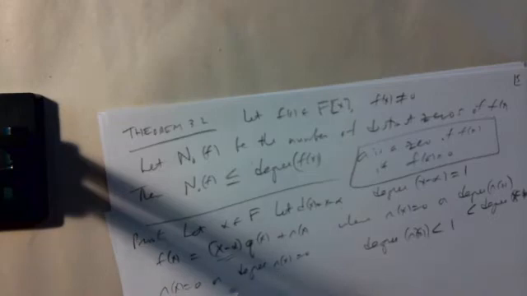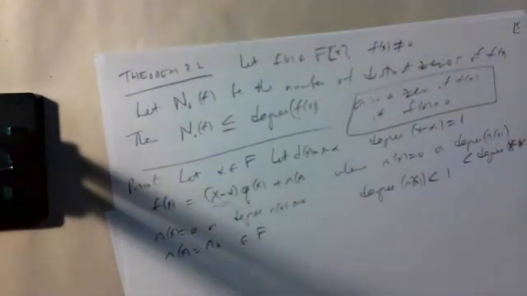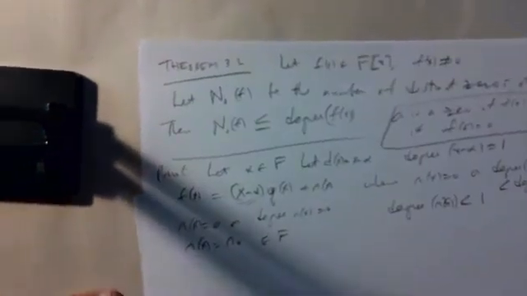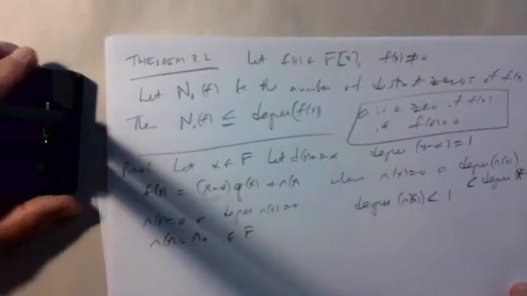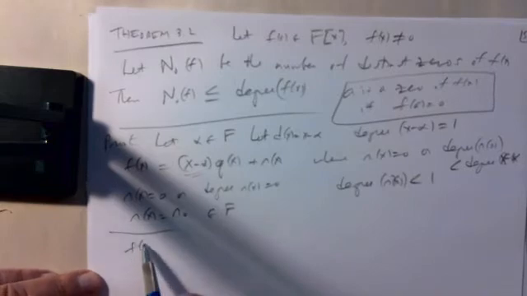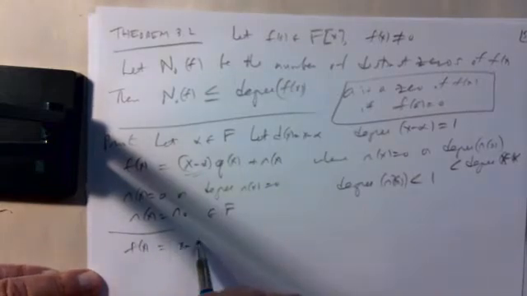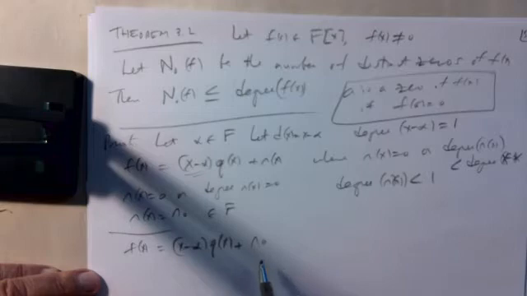What polynomials have degree 0? r of x is equal to some non-zero constant. So if you take f of x and you divide it by x minus alpha, you get a quotient plus a remainder, which is a constant. Could be 0, could be non-zero.